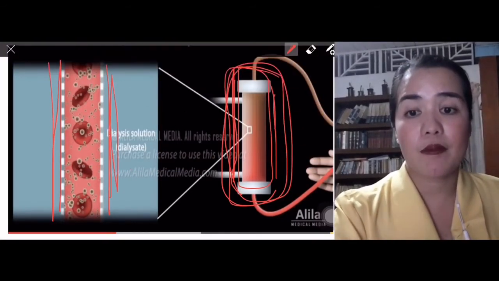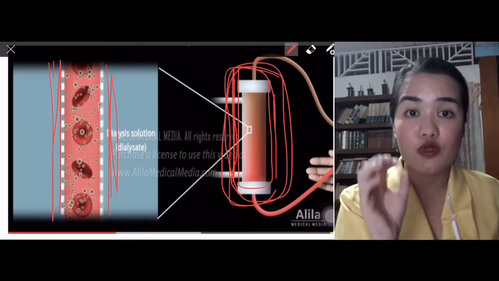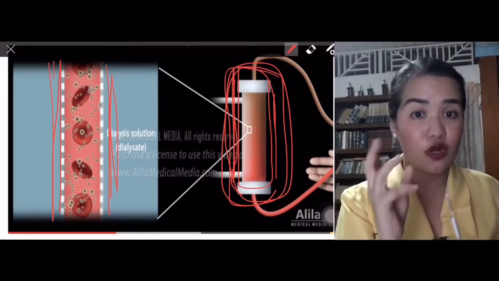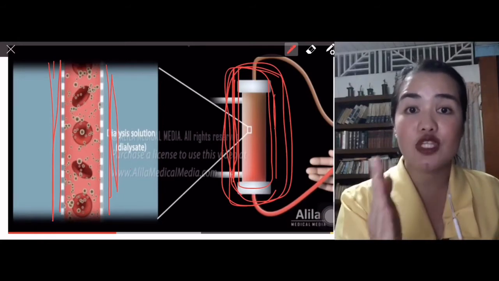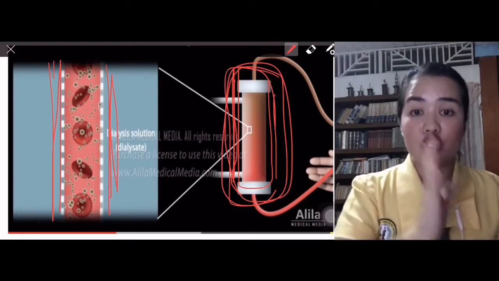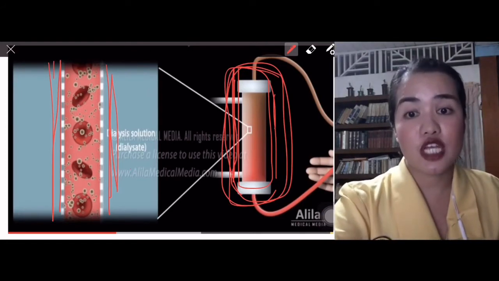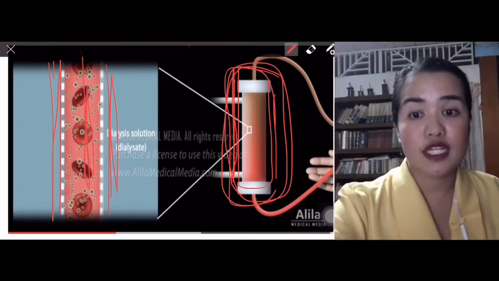A semi-permeable membrane that contains small pores that only allows small particles such as the toxins, such as urea, creatinine, and water molecules to enter that semi-permeable membrane with lower concentration. So remember, we have higher concentration here, the blood flowing from the collection tube down to the dialyzer.